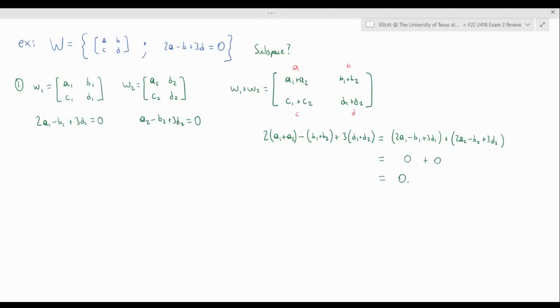So we see that the sum of W1 and W2 also satisfies this condition, and so that means that it is within our set. So right now, the set W is closed under addition.